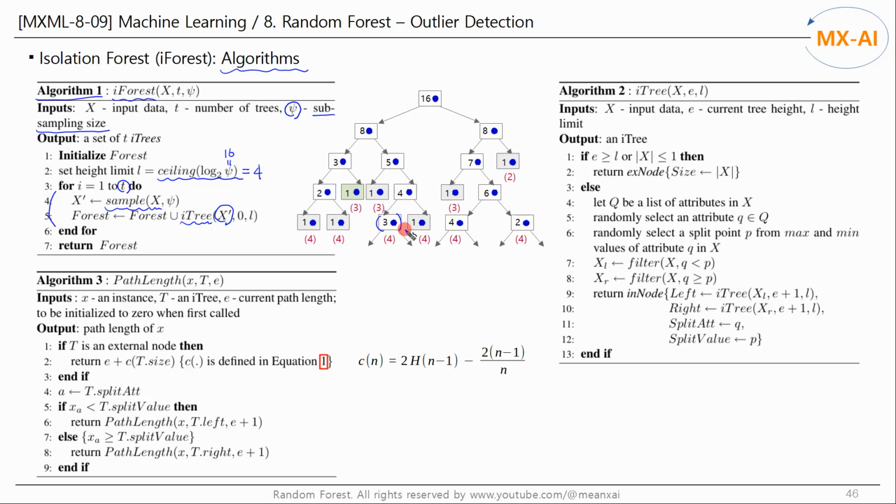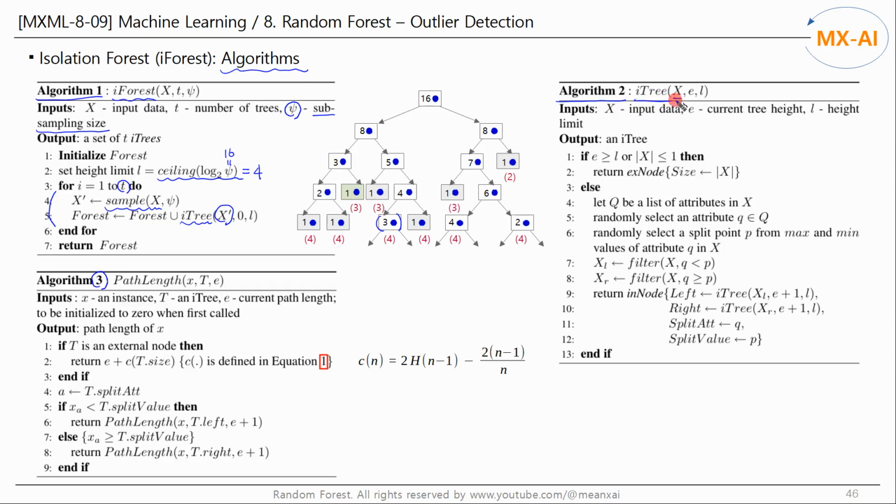Even though the tree stops growing before every sample is completely isolated, we can still estimate the path length as if the tree had continued to grow until each leaf node contained only one sample. We'll see how this is done when we discuss Algorithm 3. Now let's move on to Algorithm 2, which describes how to build a single isolation tree.